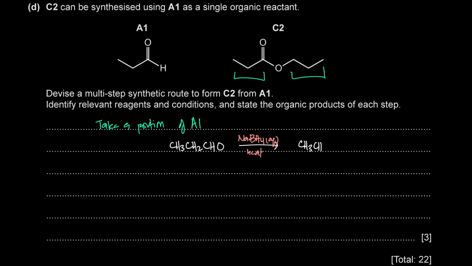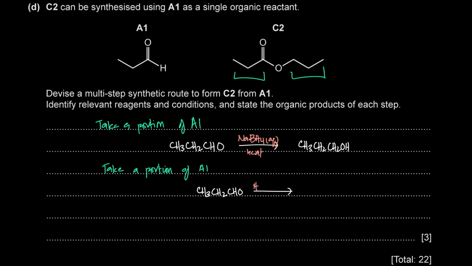That's CH3CH2CH2OH. Then I can take another portion of A1, and I can oxidize it. If I oxidize the aldehyde, I can use acidified dichromate 6 or acidified manganate 7.